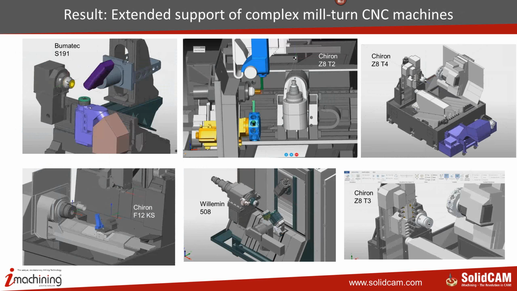So this is really, SolidCAM 2016 is a milestone in SolidCAM history because, you know, we had integration with SolidWorks. This was a great milestone. We had iMachining. It was a great milestone. And support for mill-turn now is another major milestone. And I'm sure all your customers will enjoy it.